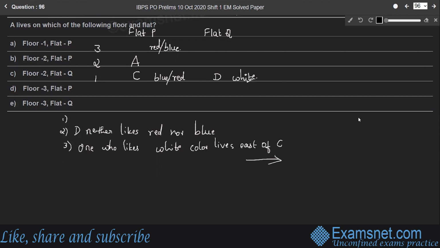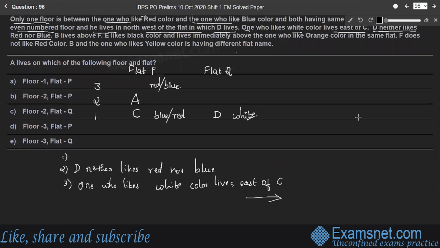And also we have one more case, if C lives on third floor, right? So we have case 2, here flat P and flat Q. So one who likes white color lives east of C. Therefore, C likes either red color or blue color and the remaining things will be same.